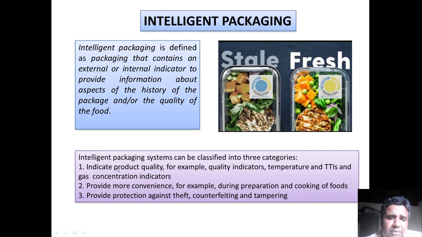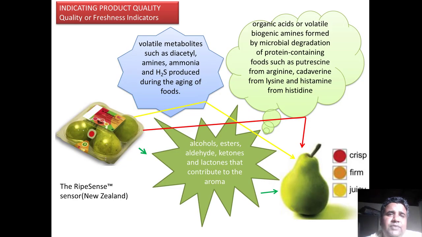So now I'm coming to the first one, indicate product quality. How can we use intelligent packaging to indicate the product quality? The first thing is it can be a quality or freshness indicator. We can use some kind of indicators that will indicate the quality or the freshness of the fruits or vegetables.